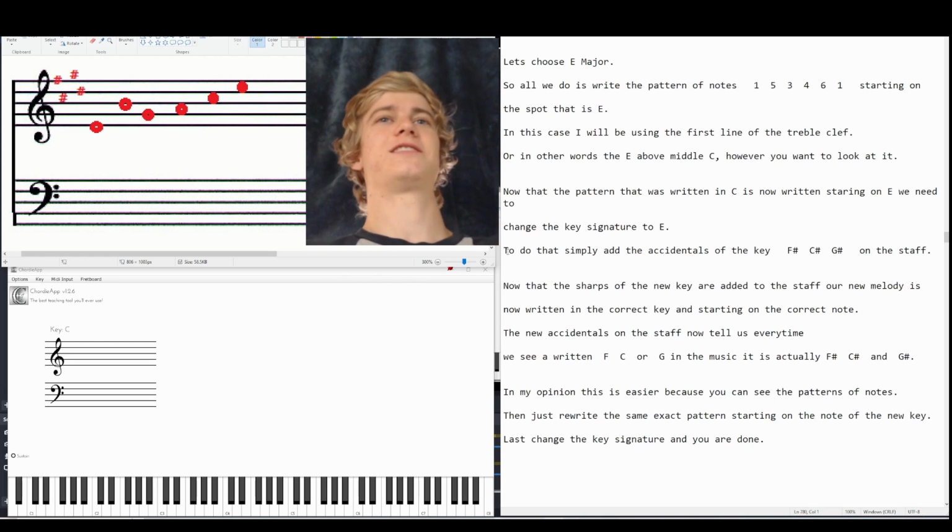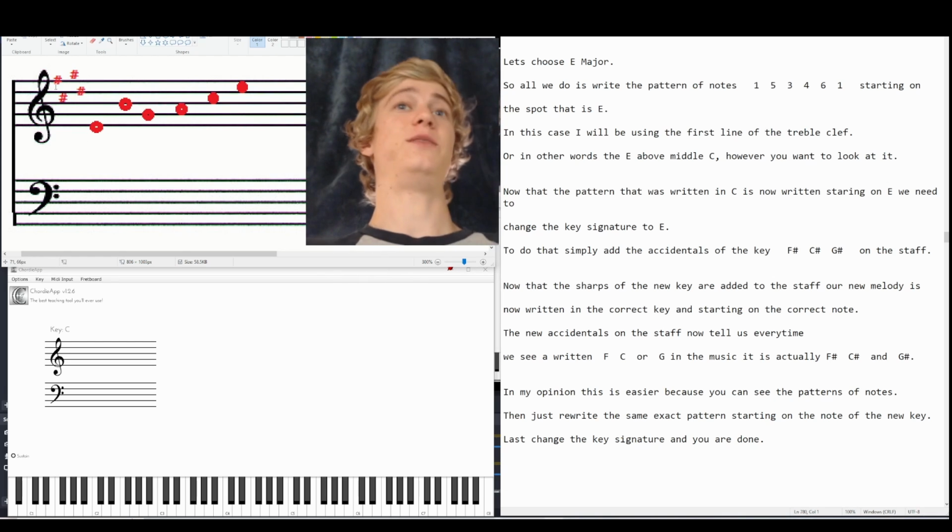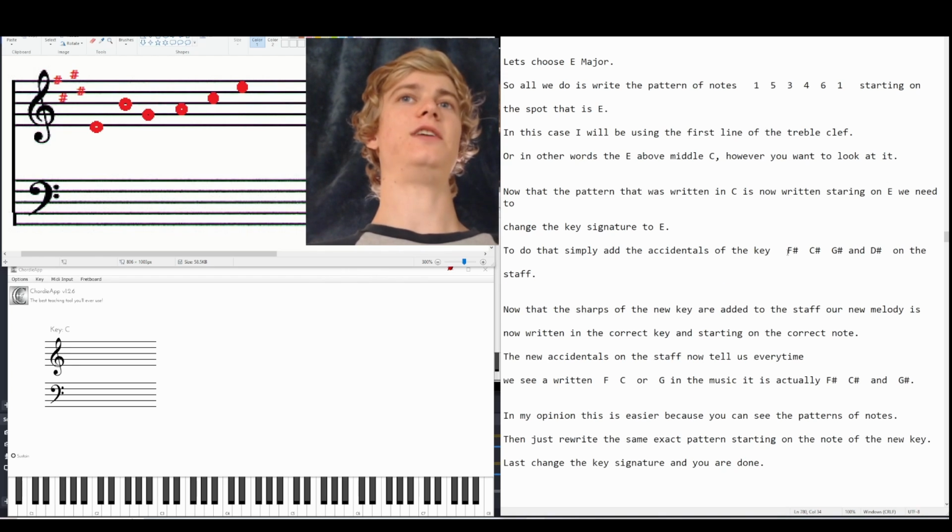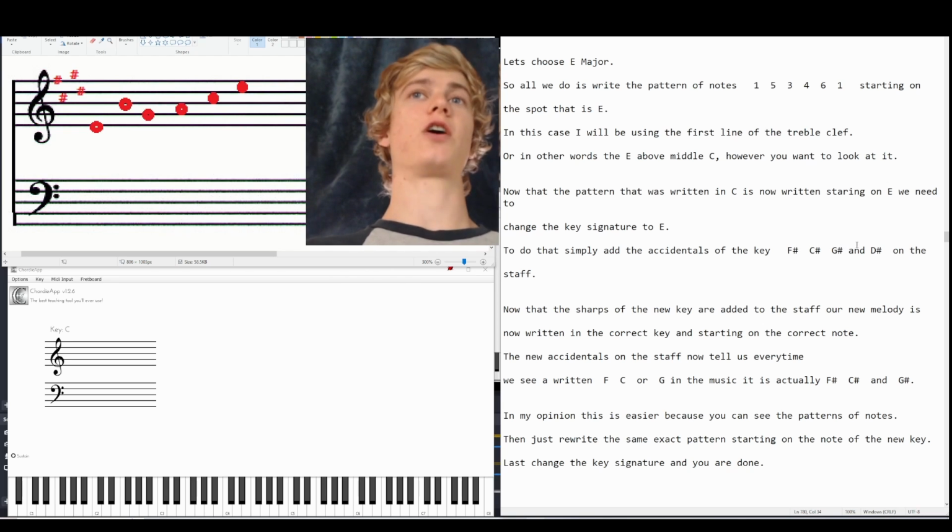Okay, so as you can see, to change this into E major, all that I did was I added the accidentals of the key. So in the key of E major, we have F sharp, C sharp, G sharp, and D sharp, and we add that on the staff. So as you can see here, I added that in order: F sharp, C sharp, G sharp, and D sharp.